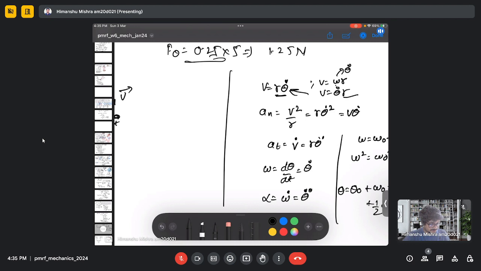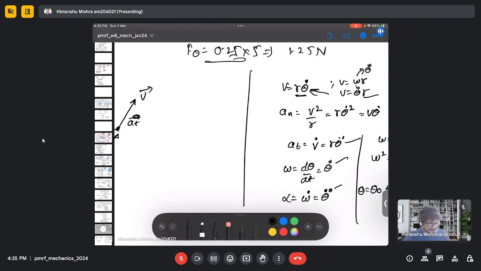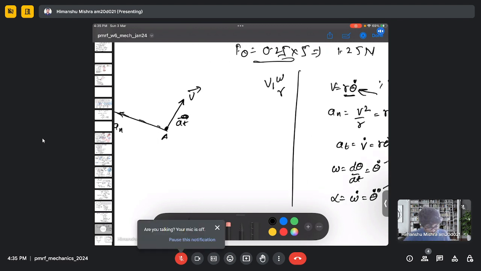So all these relations you can see are given in the form of scalar components. In vector form, you can define the relation between velocity, angular velocity, and radial displacement r by using the cross product.